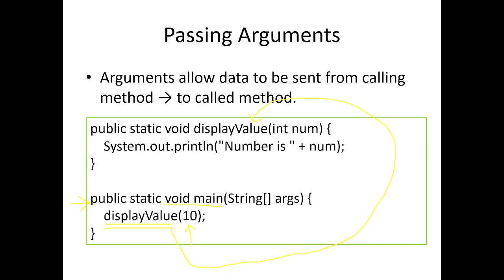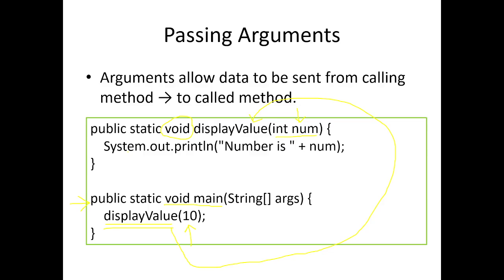Now let's see the structure of display value. This is your method name. There is a parameter here, int num. There is no return value, so the keyword here will be void. Int is the data type for this num. So this is an argument.